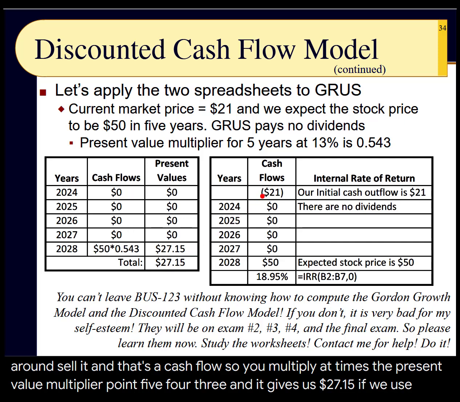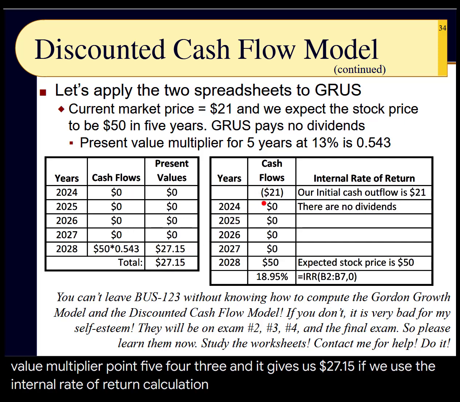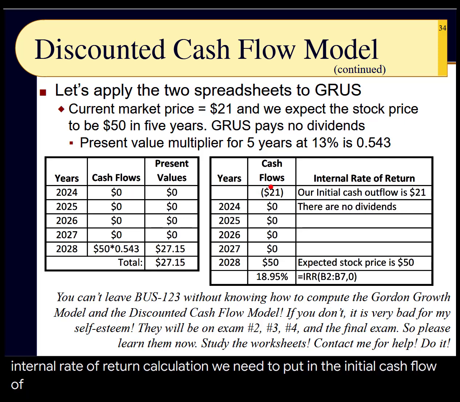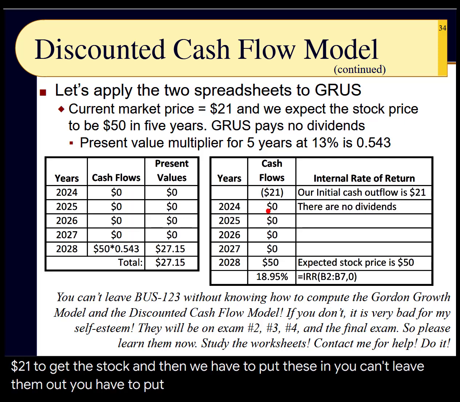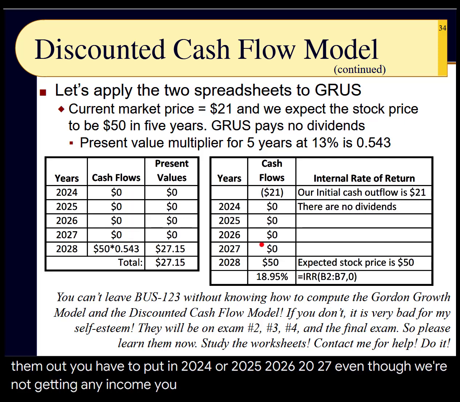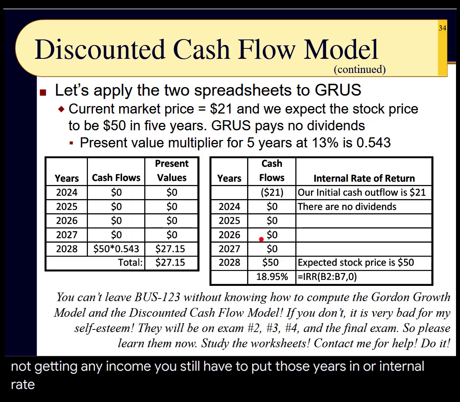If we use the internal rate of return calculation, we need to put in the initial cash flow of negative $21, because that's what it's priced. We have to pay $21 to get the stock. And then we have to put these in. You can't leave them out. You have to put in 2024, 2025, 2026, 2027, even though we're not getting any income. You still have to put those years in, or internal rate of return won't work.